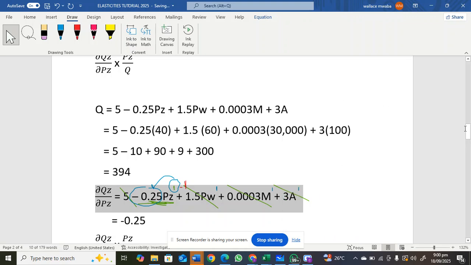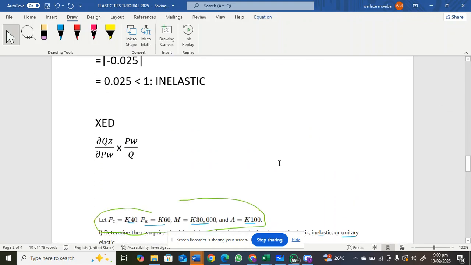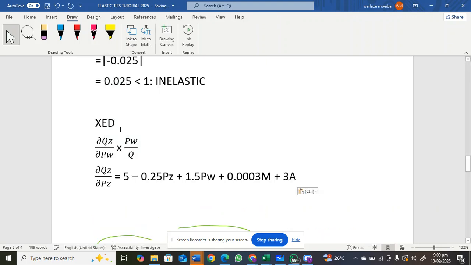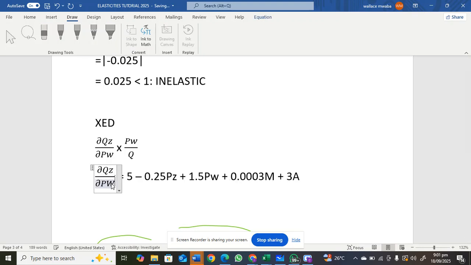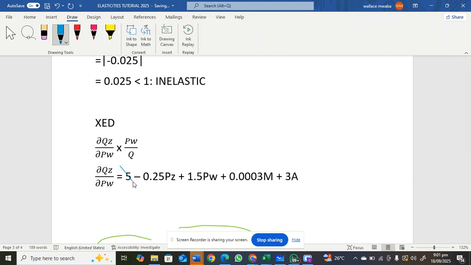Now what we need to do is derive our demand function with respect to PW, meaning any term that doesn't have a PW disappears. 5 doesn't have a PW.